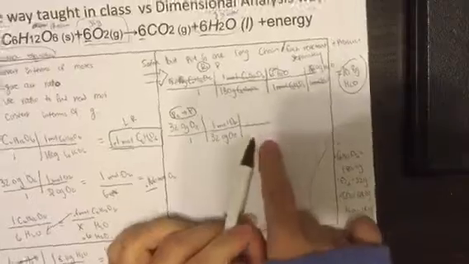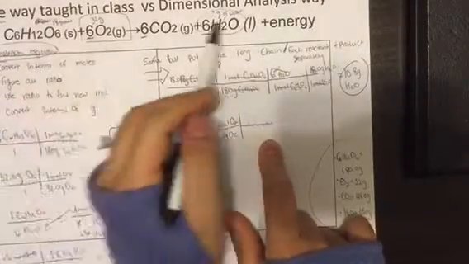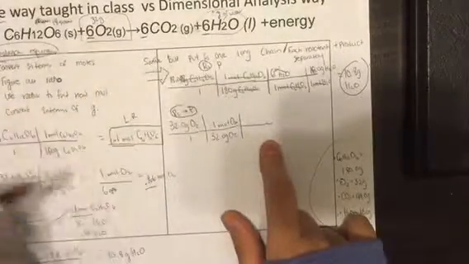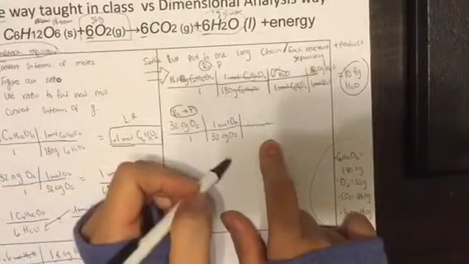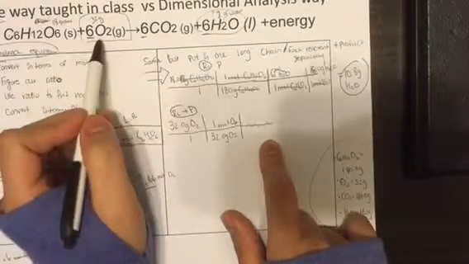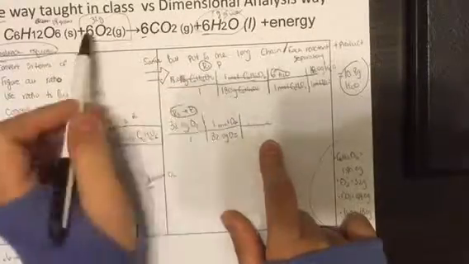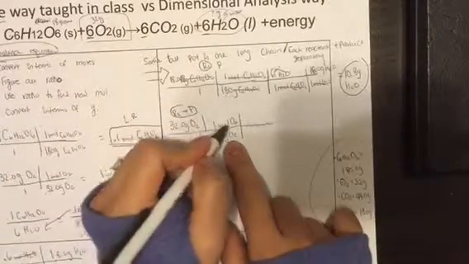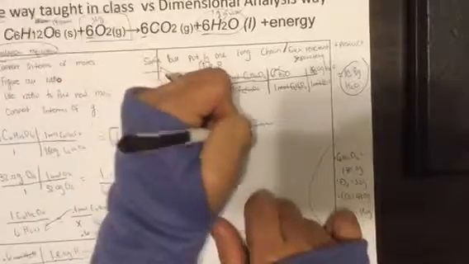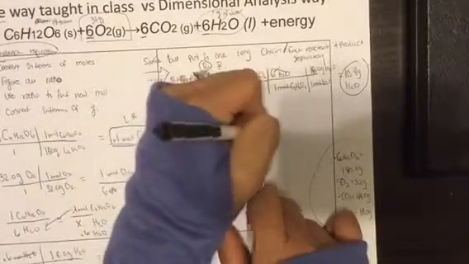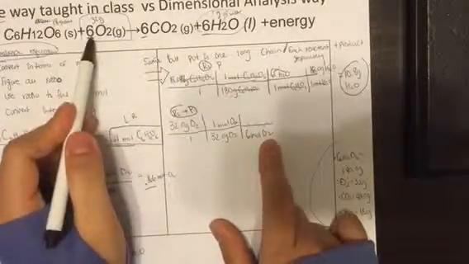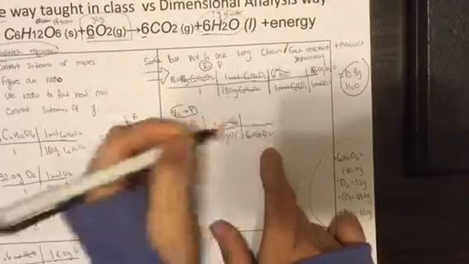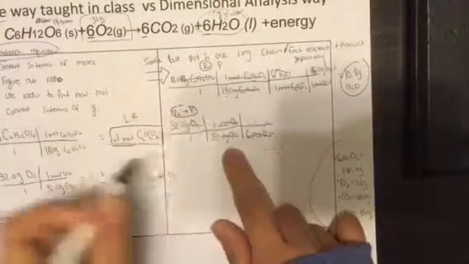Then I come over here and I say, according to my reaction, which one of those gave me the number of moles? It's the coefficients, right? So if I have 6 moles of oxygen in my problem, then this cancels, these two already canceled.